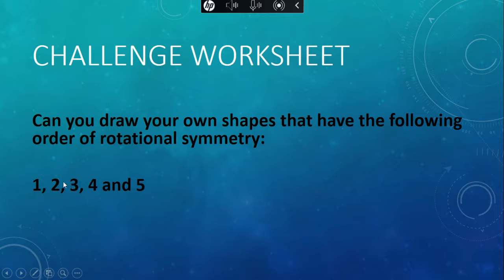Next one is 2, so in other words, it must look the same if you turn it upside down or the other way. 3, so you have to be able to turn it 3 times for it to look the same. Think about a triangle or shapes with three corners. That will help you when you're thinking about rotational symmetry of 3. And then the same for 4 and 5. Okay, now when you do your first worksheet, you might actually come up with some ideas for those.